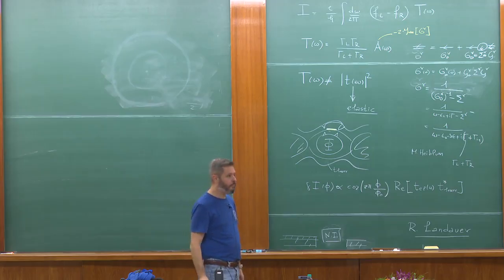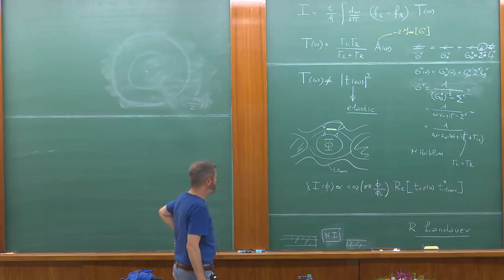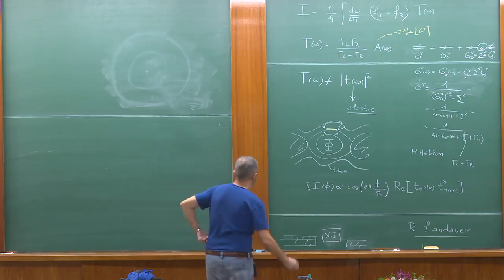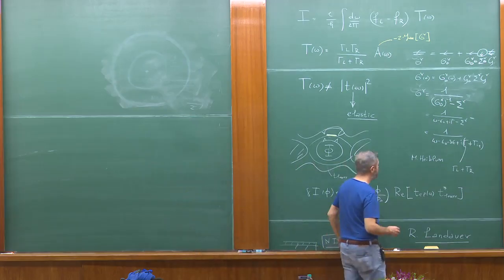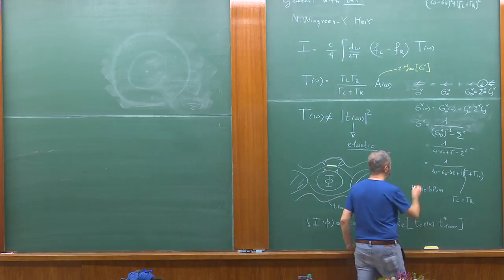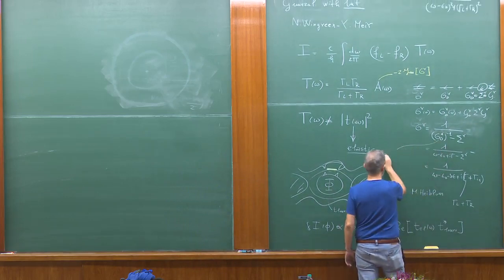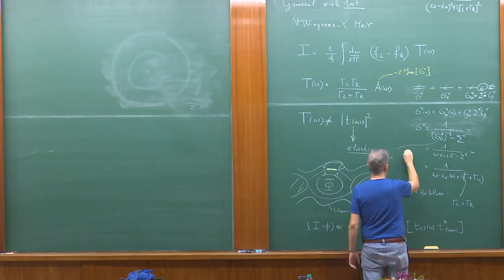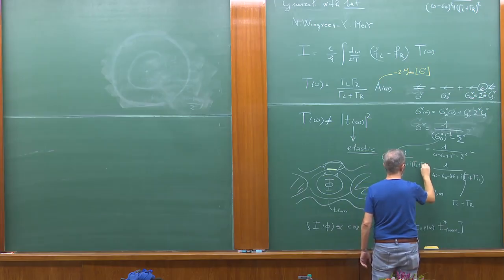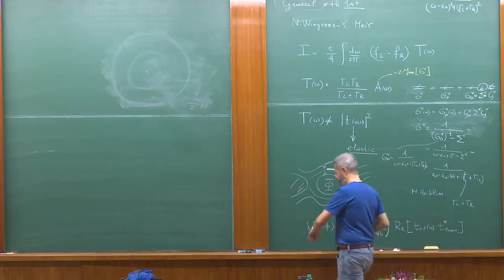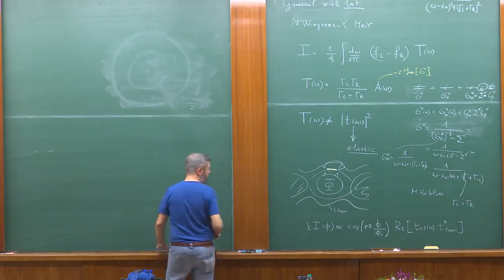Does that enter into G0? Yeah, it does. G0 retarded is 1 over omega minus epsilon naught plus i, gamma left plus gamma right. So it does, yeah.